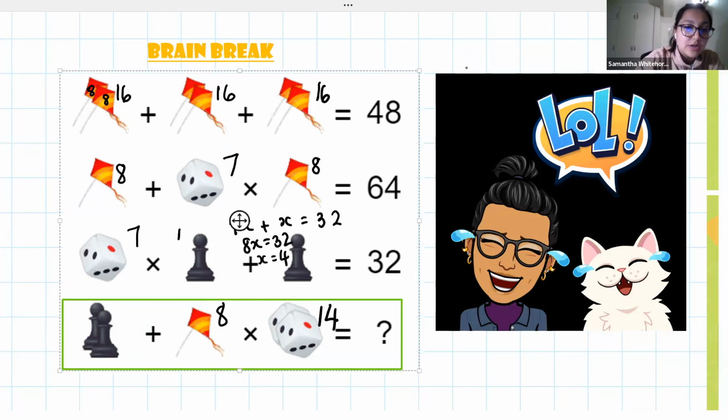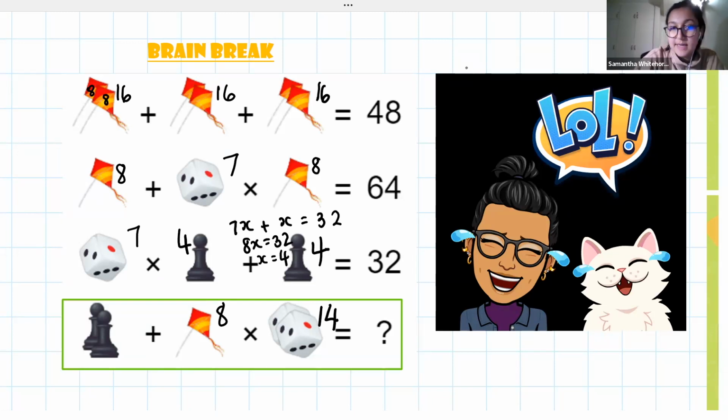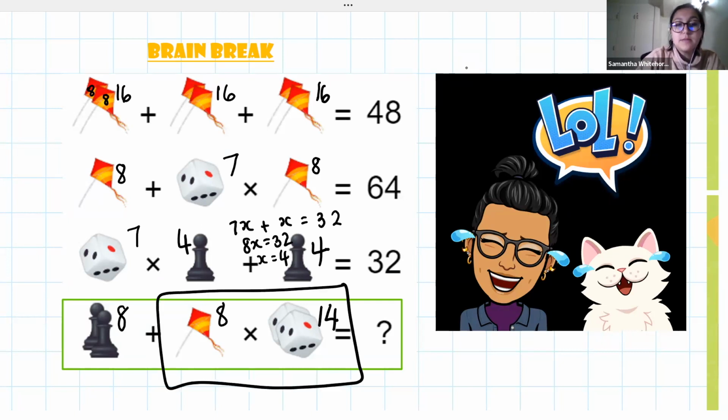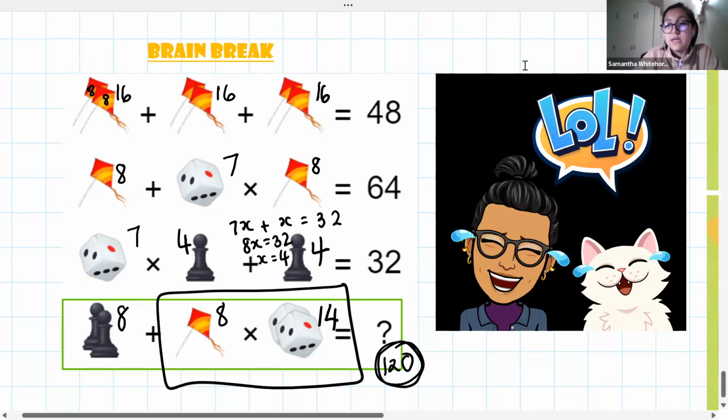Which means that 2 chess pieces in this final step is equal to 8. Now remember, BODMAS: 8 times 14 must give us 112, plus 8 gives us 120. And so our final answer here is 120.